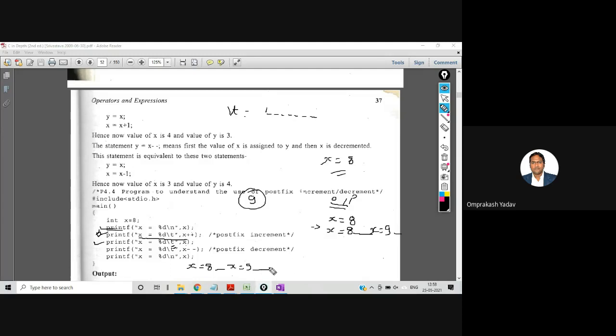Now in the next line, it's written x is equal to %d, x minus minus. This is a post decrement, so whenever it's a post operation, first the value will be assigned, and then the value will be incremented or decremented. Now here the value of x is 9, and there is a tab.